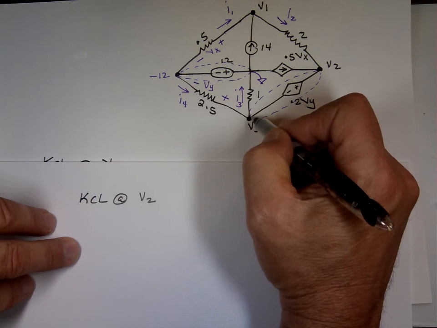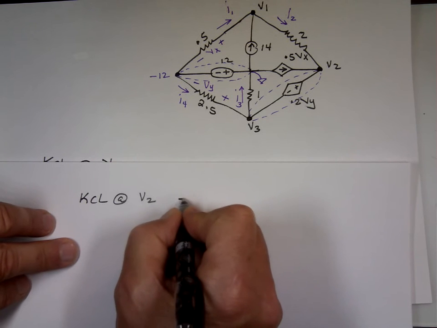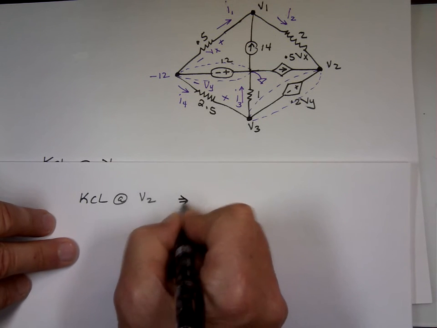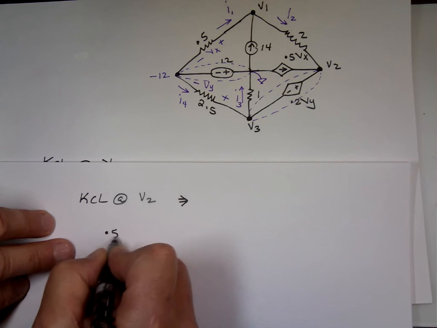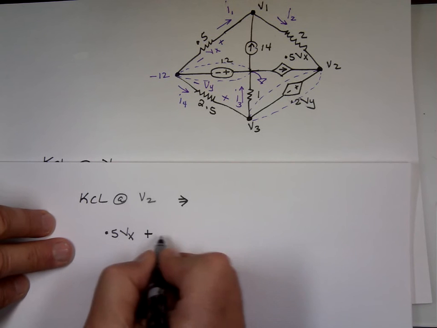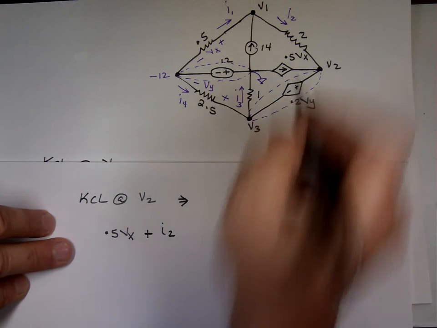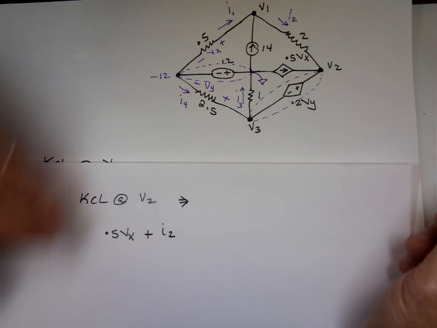So what is the current going to it? 0.5 Vx I see going to that node. What else I see going to it? I sub 2. What else going to it? Where's I sub 4? Left side, left side. Bottom left.